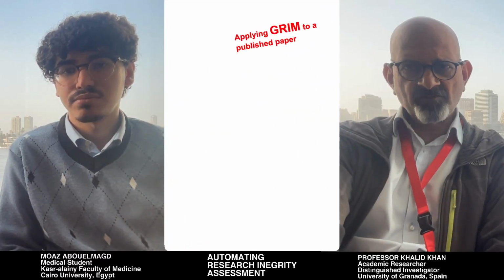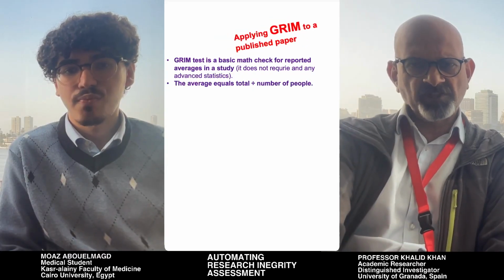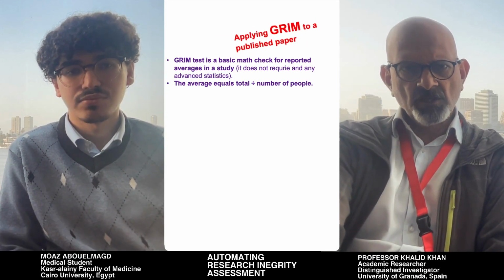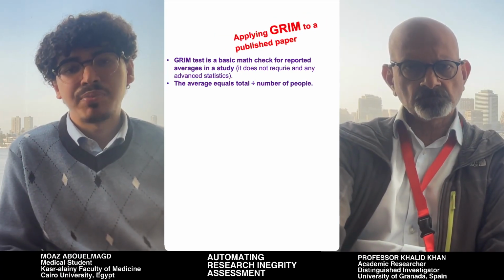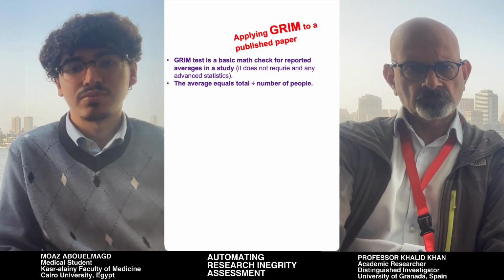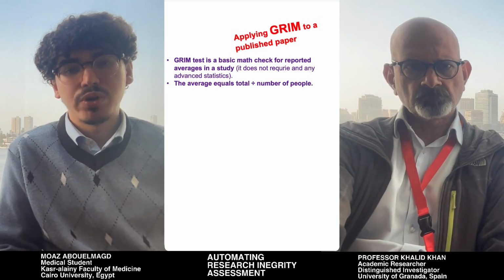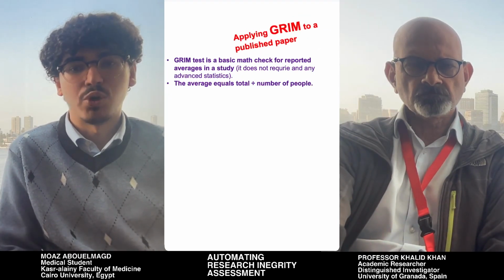Here we have prepared a brief description of the test before we demonstrate its application on ChatGPT. So, Moaz, could you explain what this test is? Well, the GRIM test is a basic mathematical check for reported averages in a study. We all know that the average equals the total divided by the number of people or the number of patients.